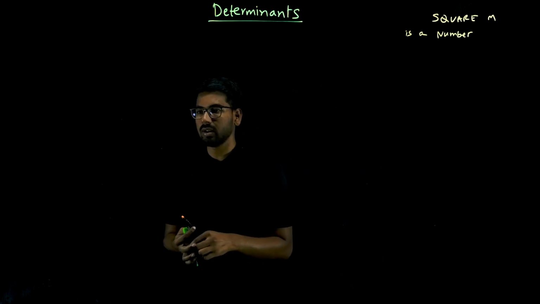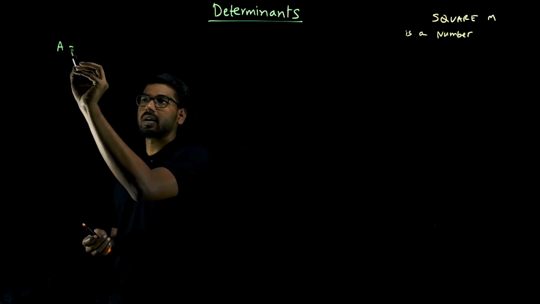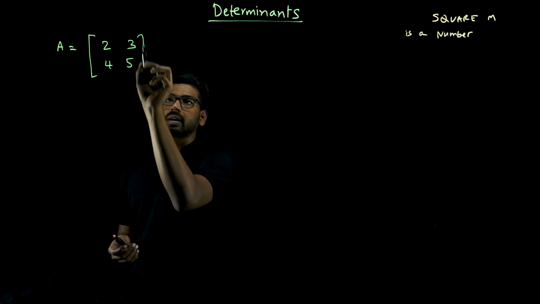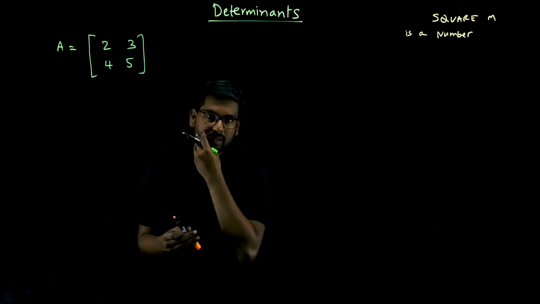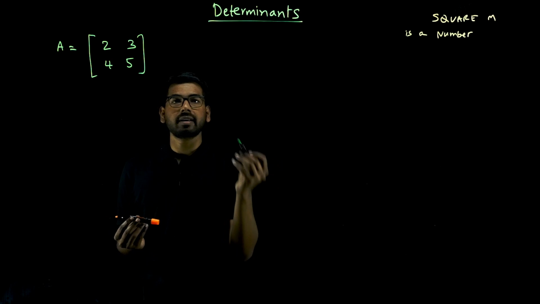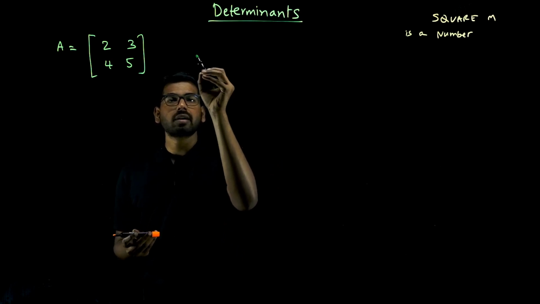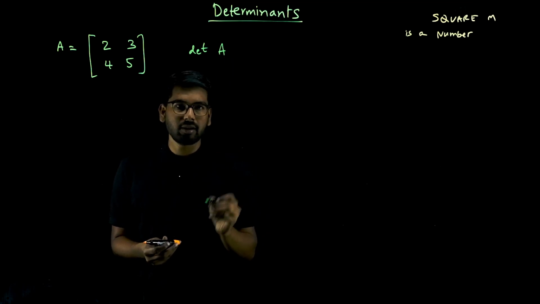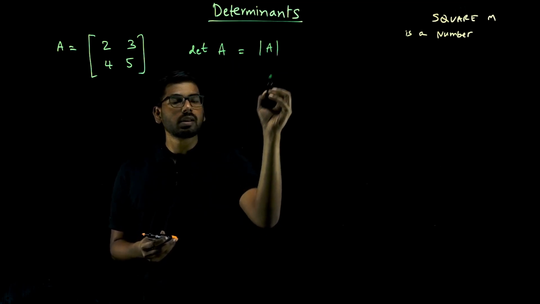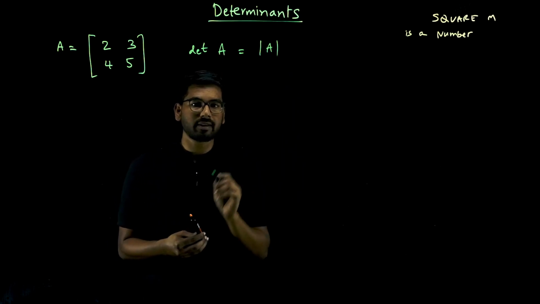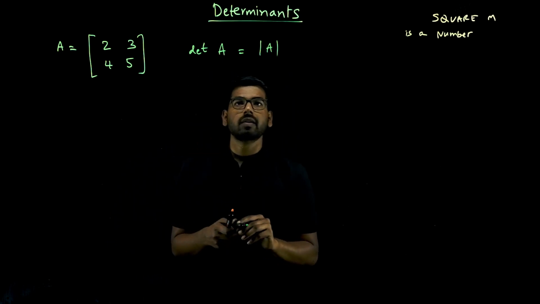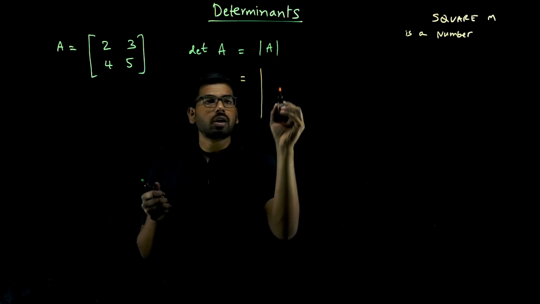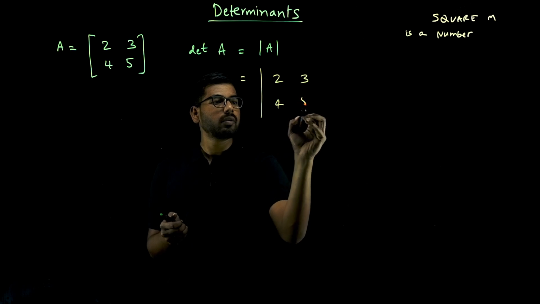For example, if matrix A is like this, 2 3 4 5, matrix A is a 2 cross 2 matrix. How do we denote the determinant of A? det of A, or like this with 2 lines on either side of the matrix A. Determinant of A is |2 3; 4 5|.